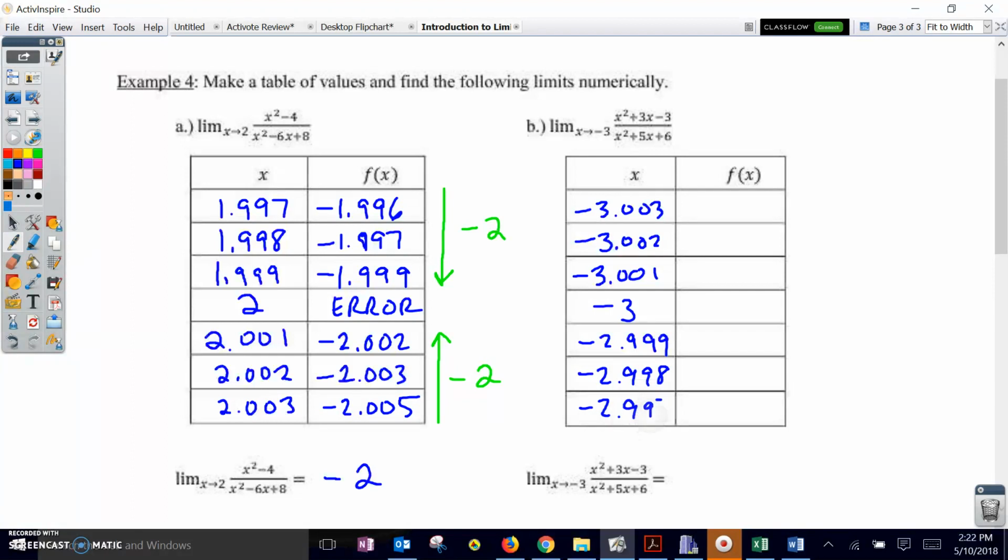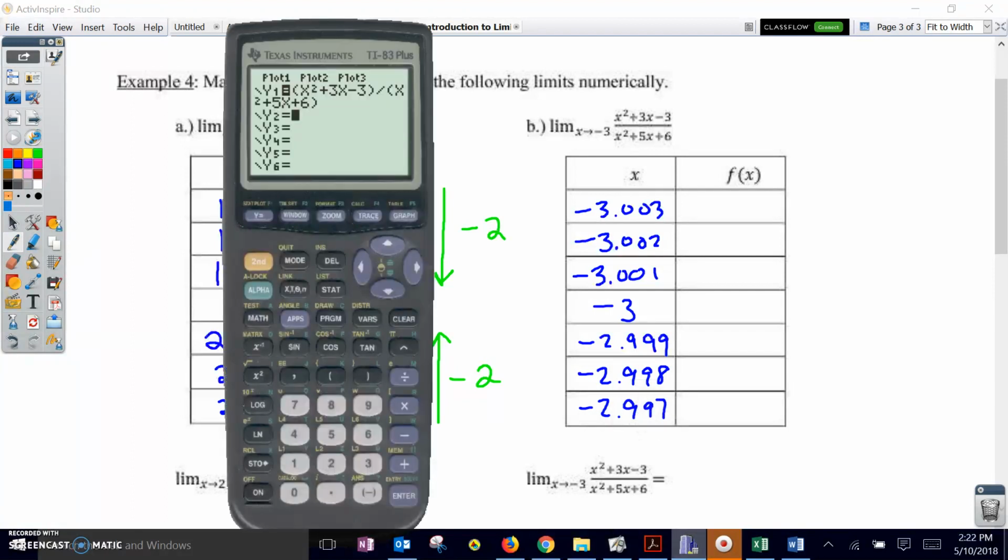And so I'm going to set up my table, go back to my table setup screen, and I want it to start at negative 3.003. And now I'll look at the table, and I get a whole lot of values.